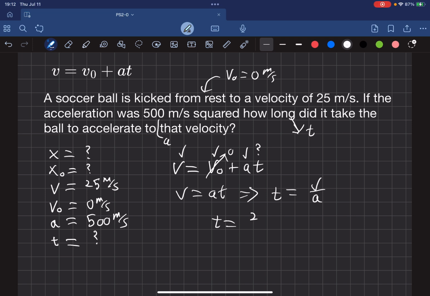Velocity of 25 meters per second divided by 500 meters per second squared. That's going to get us in the end just seconds left. And looking at this problem, if we were just dividing 25 by 5, we would get 5, but it's divided by 500. So instead of 5, we would have 0.05 seconds.